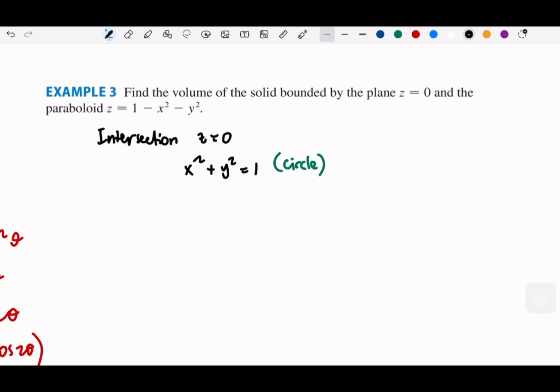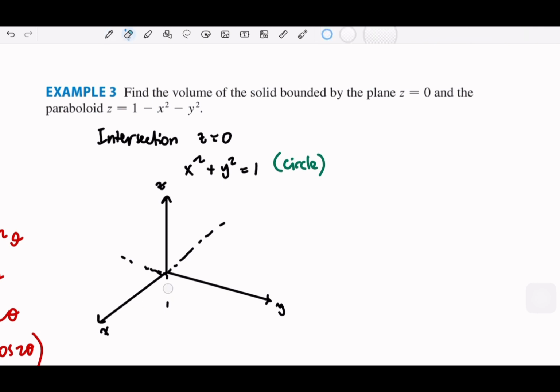Well, if you want to draw, we can draw it in 3D. But I think if you want to draw just the circle, that is also okay. So this is z, let's say this is x, and this is y. And suppose this is the circle.